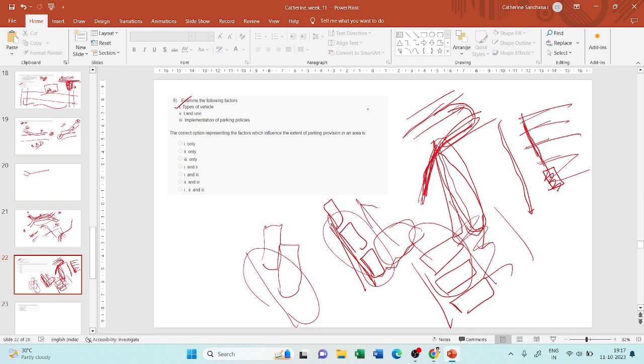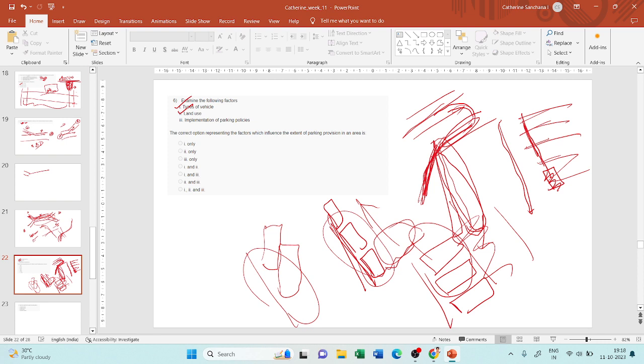Whereas when you come to a shopping or recreation area like a shopping center, many people will not prefer coming by cycles. So they might provide place for cycles, but the area will be very less. Whereas many people tend to come in four-wheelers, so the area required will be more. So obviously the land use will have an influence on the parking provision.